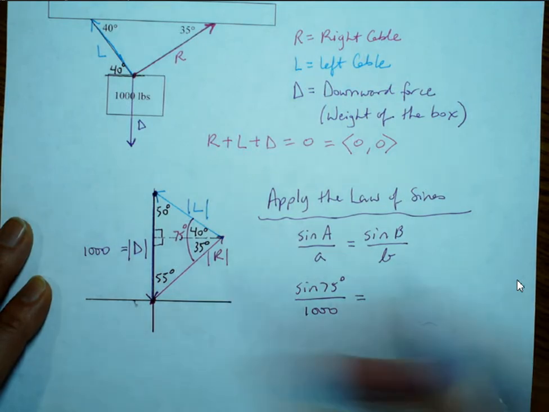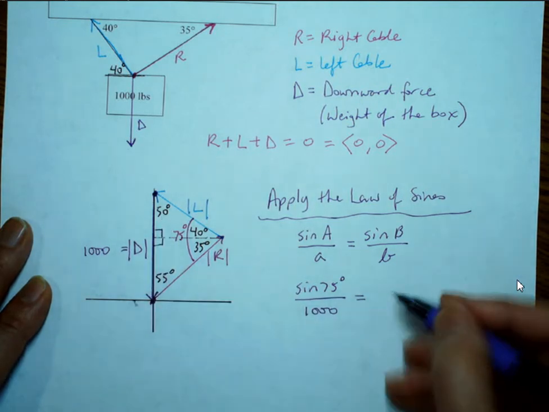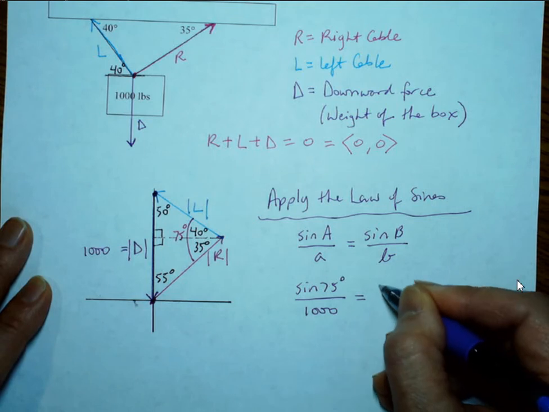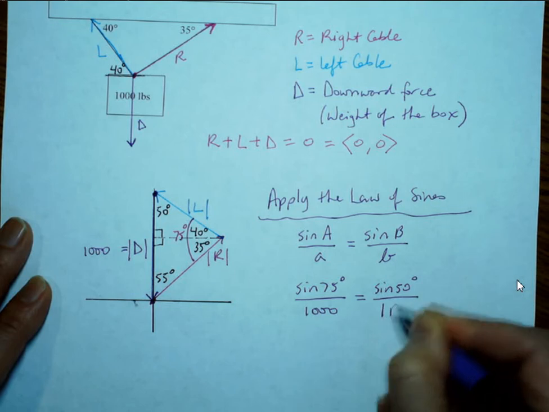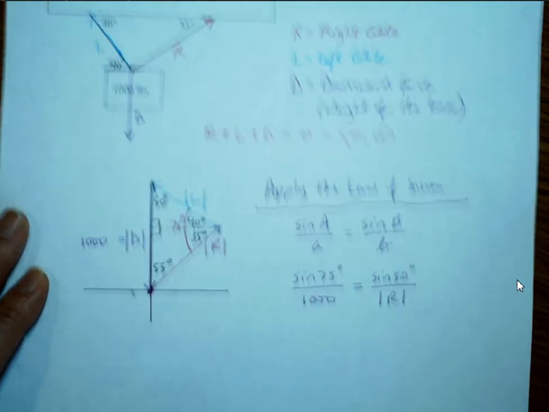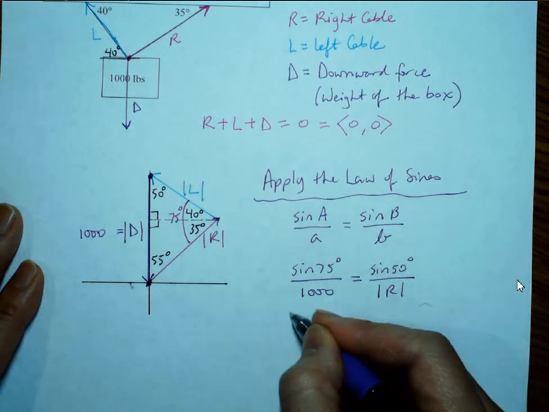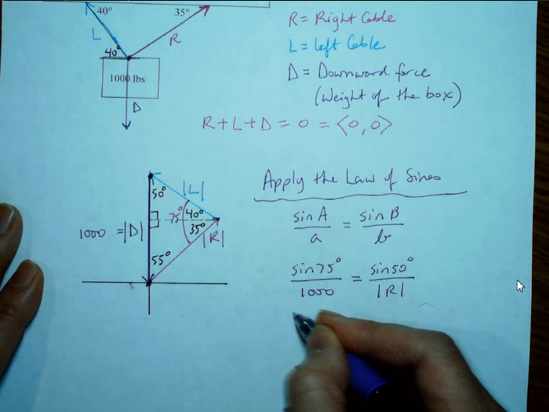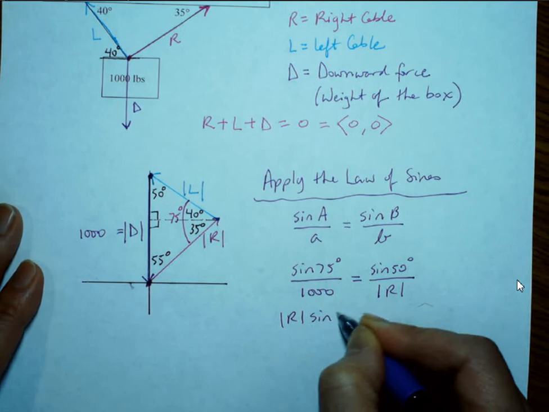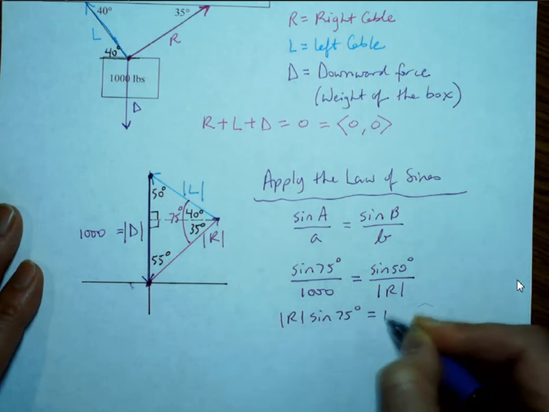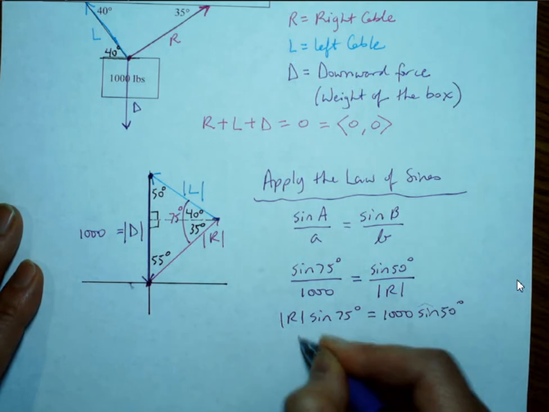so I'll solve for my right tension first. So then I'll have 50 degrees, and then it's going to be the side opposite that is the right tension. So it's sine of 50 degrees, divided by R, and then just do my cross multiply, and then divide, and so then you end up with R sine of 75 degrees is equal to 1,000 sine of 50 degrees.